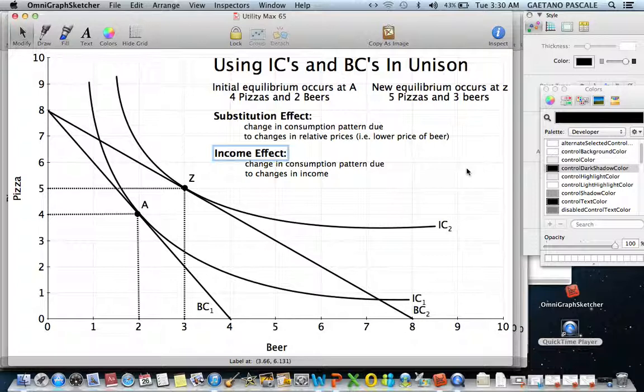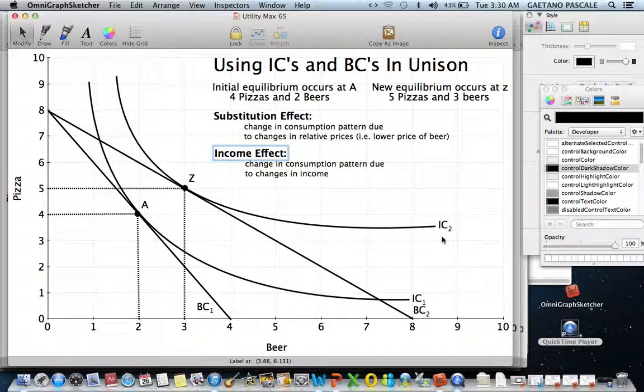I could stay at a consumption level, for example, of 4 and 2, where I was originally, but if I consume at that level, I have income left over. So the fact that the price fell, if I keep my consumption the same, I have additional income that I can spend. The lowering of the price actually generates income for the individual.